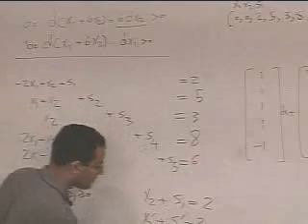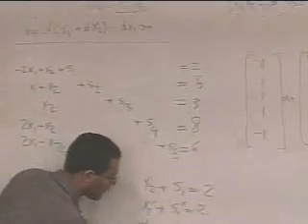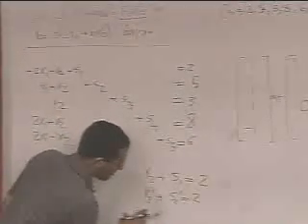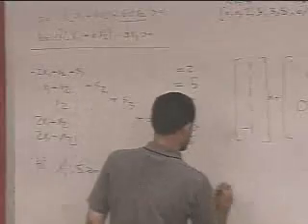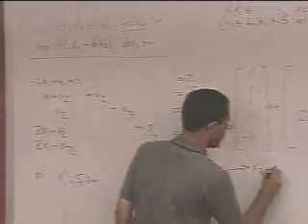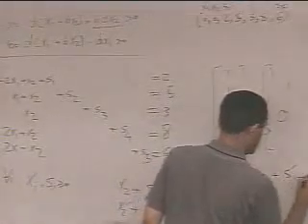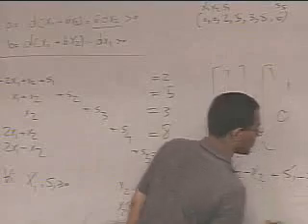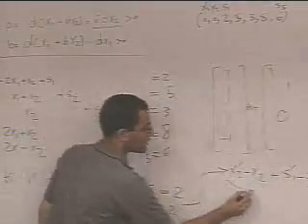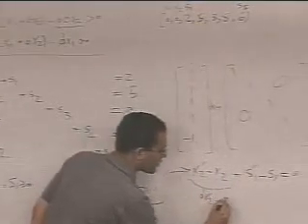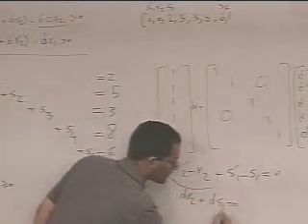So deduct these two from each other. It would be x2 prime minus x2 plus s1 prime minus s1 equals 0. Now this is the change in x2, this is the change in s1, equals 0.